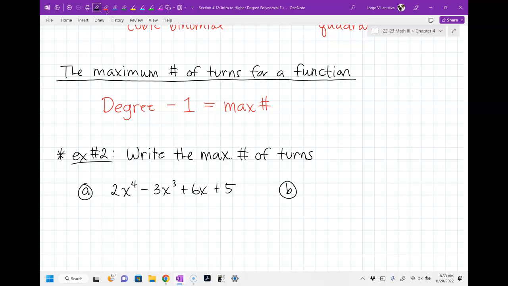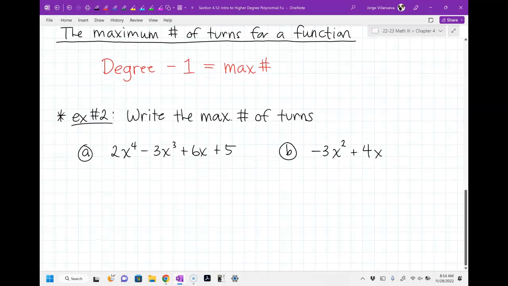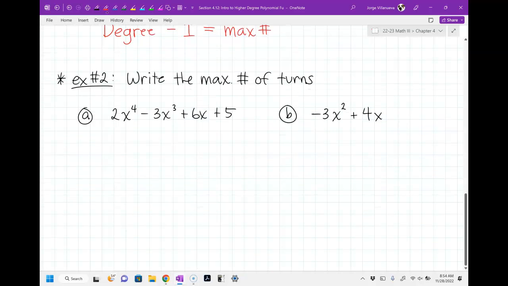Let me write one more here for you guys. So go ahead and write those down. Remember, your formula, if you want to call it that, is your degree minus 1.